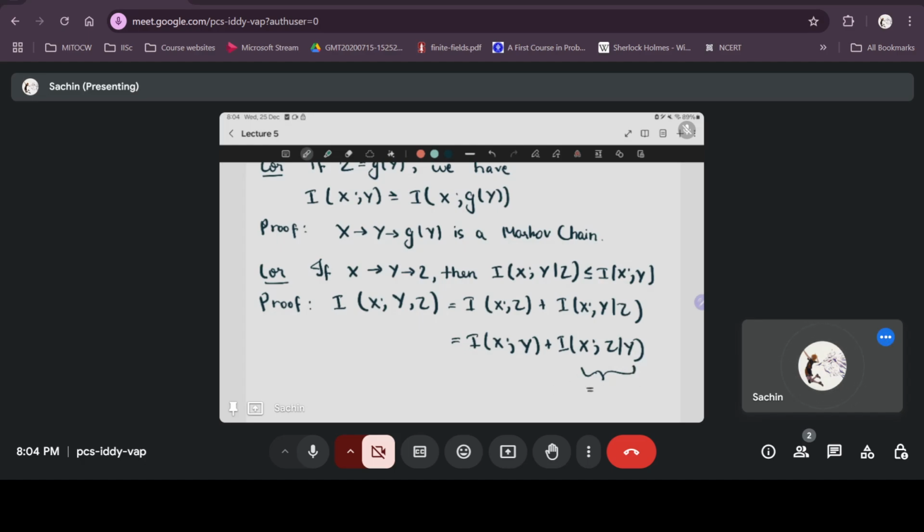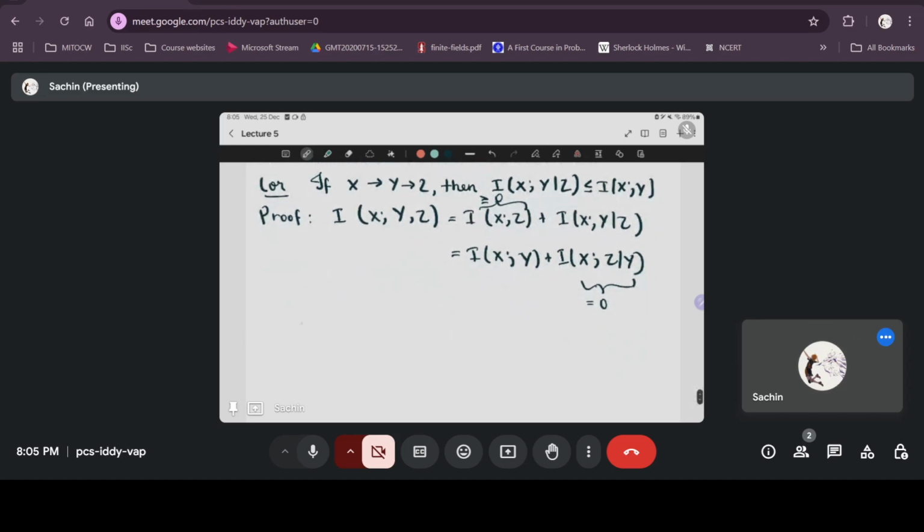So I of X;Z given Y is 0. Non-negativity of mutual information guarantees that this is greater than or equal to 0. Therefore, I of X;Y, which is equal to I of X;Y given Z plus I of X;Z, implies I of X;Y is greater than or equal to I of X;Y given Z.